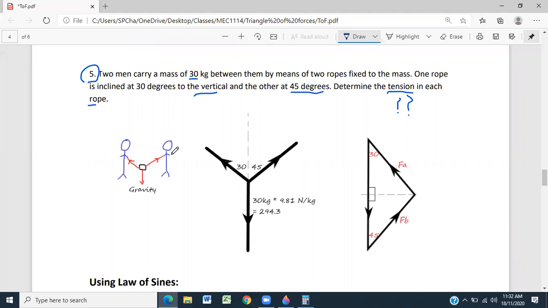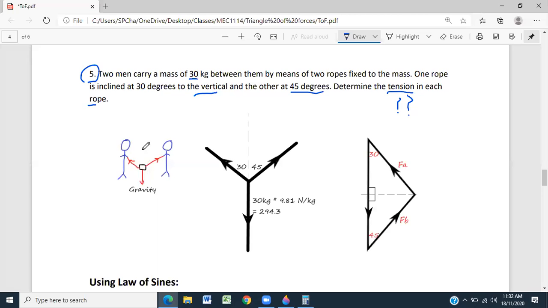We got 2 guys, and they got some heavy box, some kind of weight, and it doesn't have handles, so they decide to tie some rope onto it and carry it like that. So 2 guys, and they're carrying this box, and of course gravity acts downward. So we start to see a force diagram coming up about here, right?